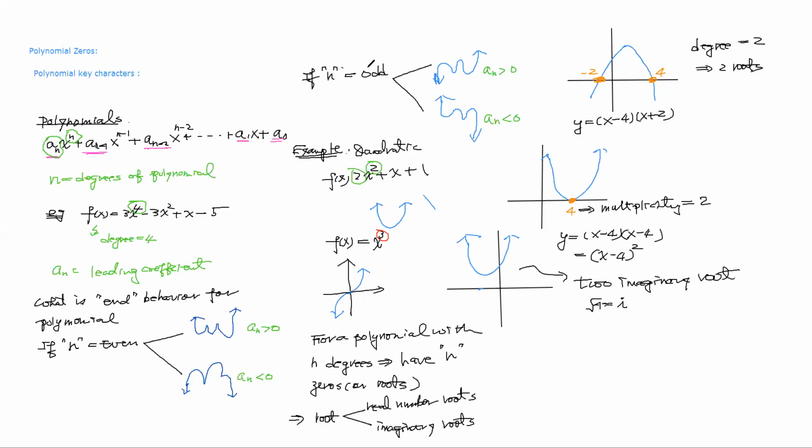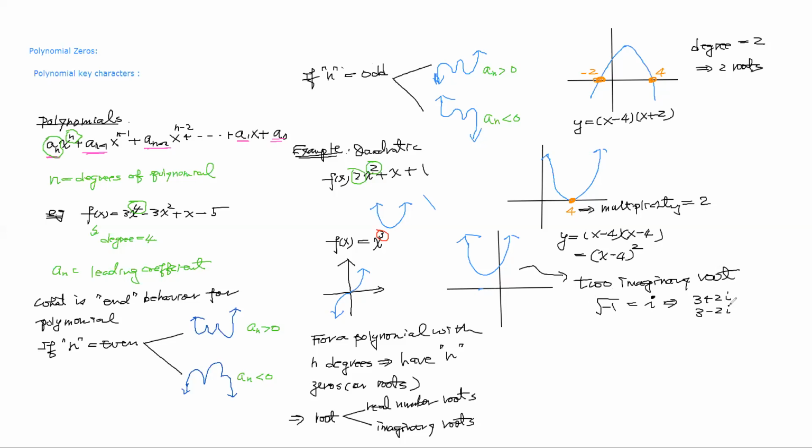Do you remember that? Those are the roots related to the imaginary number. So we have 2 imaginary roots, some combination of i, for example 3 plus 2i and 3 minus 2i.